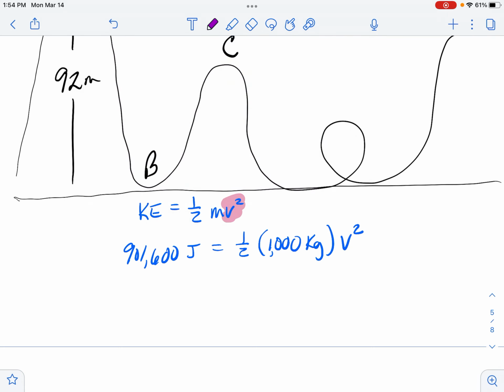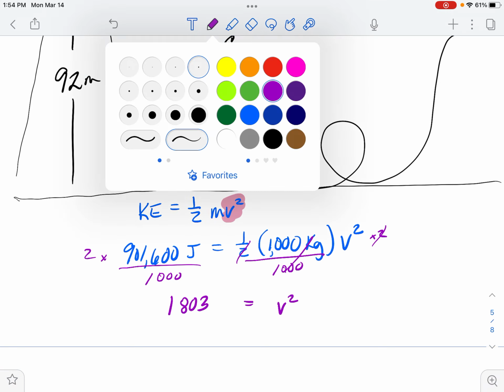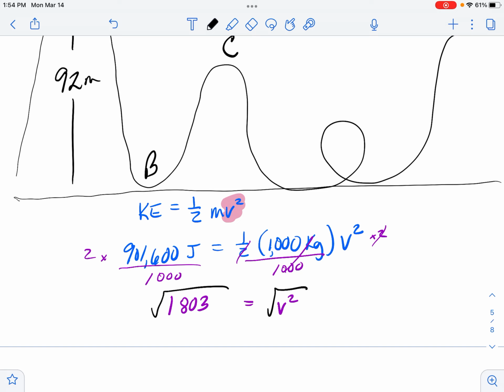I'm going to divide by 1,000 on both sides, and multiply by 2 on both sides to cancel out this and that. So I get v squared equals 901,600 divided by 1,000 times 2, which is 1803. Then I'm going to take the square root of both sides so that that cancels out.